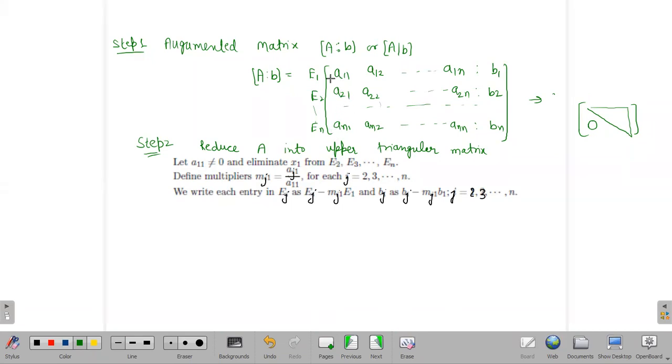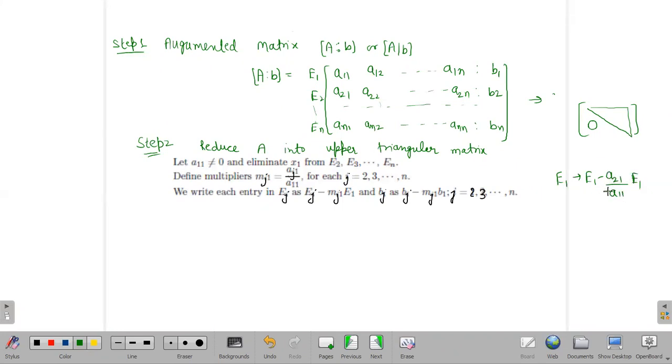For this, we will use the first row only. Means we will check a11 should not be zero here. So first we will check a11 is non-zero, and eliminate x1 from E2, E3, and so on. Actually, here we will apply an operation. So how to make this element zero? We will take E2 minus a21 by a11 into E1.